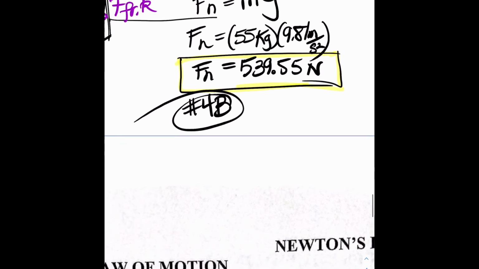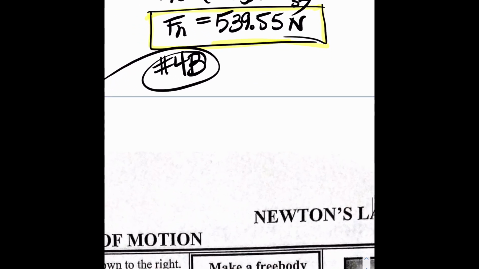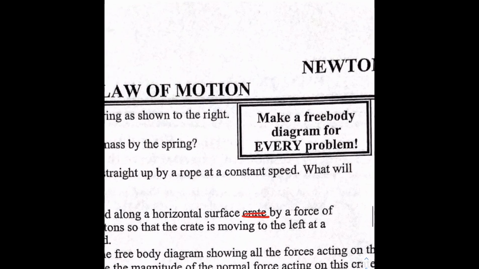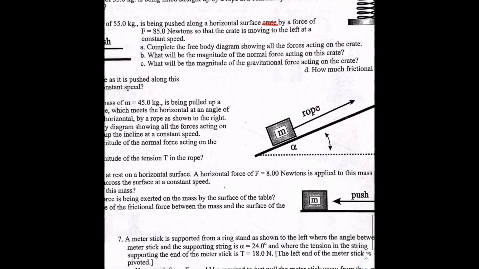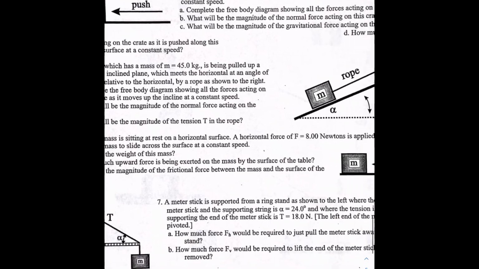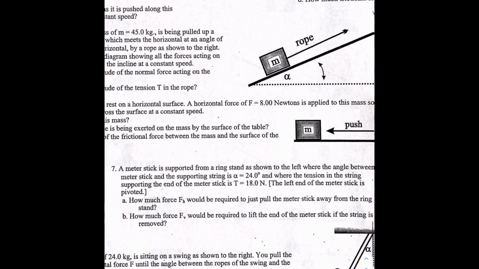All right, so now we want to move on to part C. Number 4, part C says, what will be the magnitude of the gravitational force acting on the crate? I think we already answered this, right? We said that force normal is force gravity. Then we went ahead and solved for force gravity.